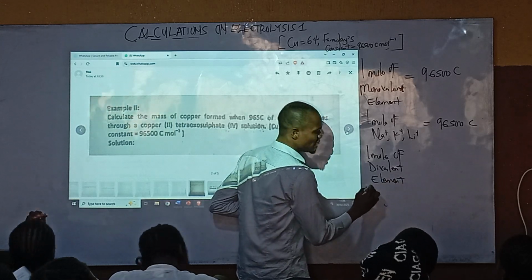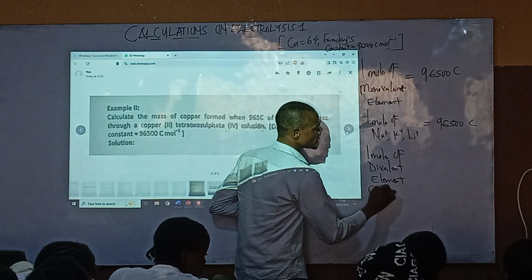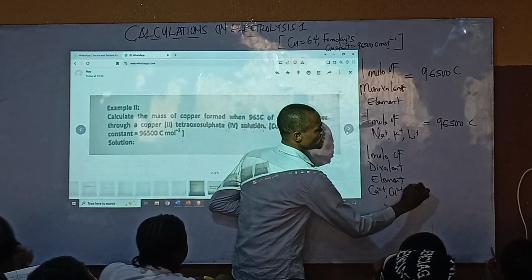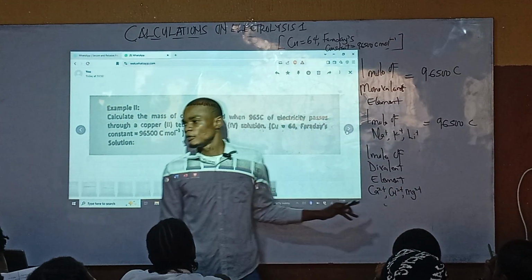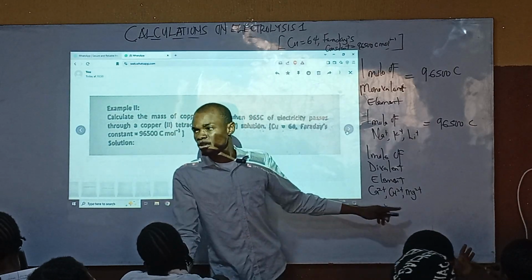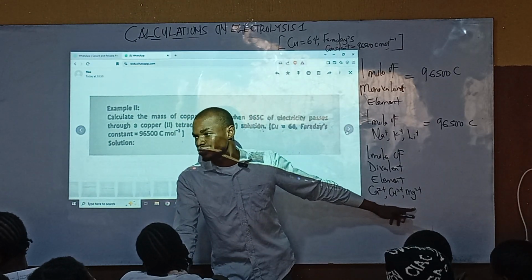Now, what are examples of divalent elements? Calcium ion, copper 2 ion, magnesium ion.